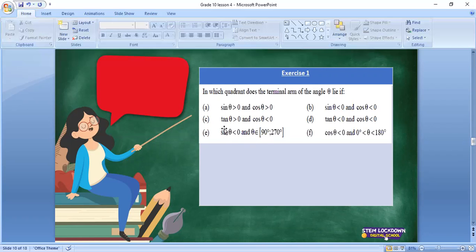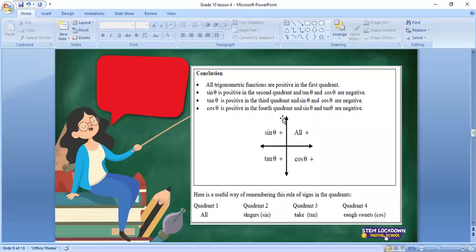By the other statement, sine is negative. So among the second and third quadrants, which one has sine negative? We're saying theta is between 90 and 270, so there is 90, there is 180, there is 270.